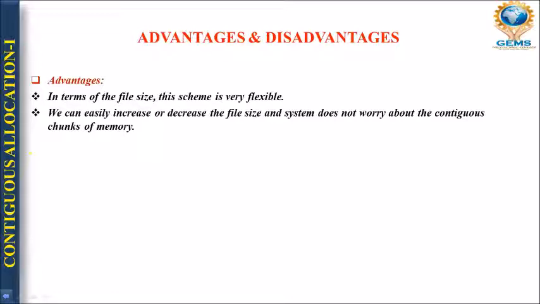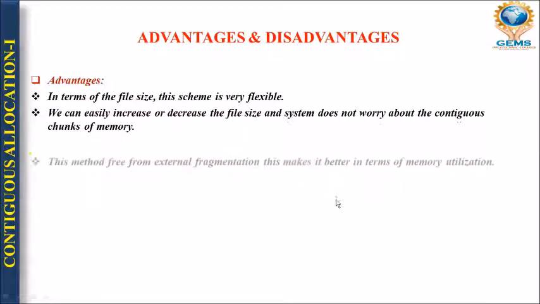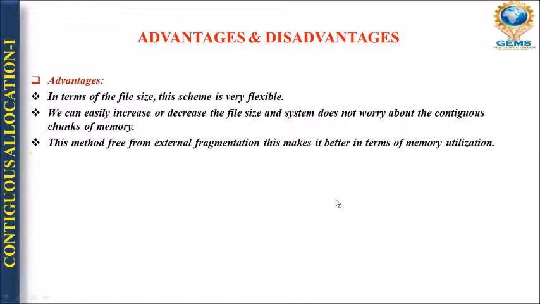If the space is available, the linked list will try to maximize the utilization of memory in this scheme. So there is less chance of external fragmentation, which happens in earlier cases.